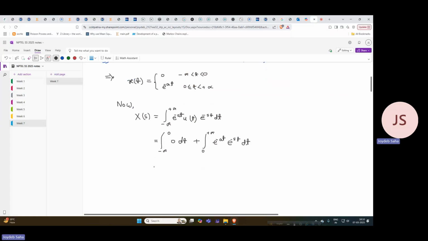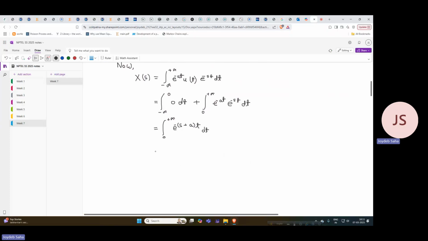So now we only need to calculate the integral from 0 to plus infinite of e to the power minus (s plus a)t dt. And it is very simple integration, right?